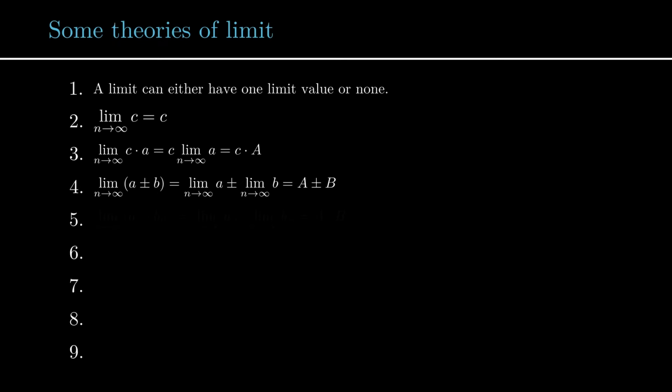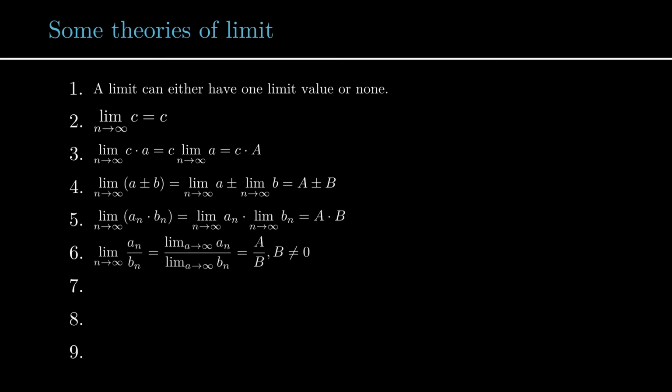Now, number 5. The limit of a_n times b_n as n approaches infinity equals the limit of a_n as n approaches infinity times the limit of b_n as n approaches infinity, which is a times b. Now, number 6. The limit of a_n over b_n as n approaches infinity equals the limit of a_n as n approaches infinity over the limit of b_n as n approaches infinity, which equals a over b.